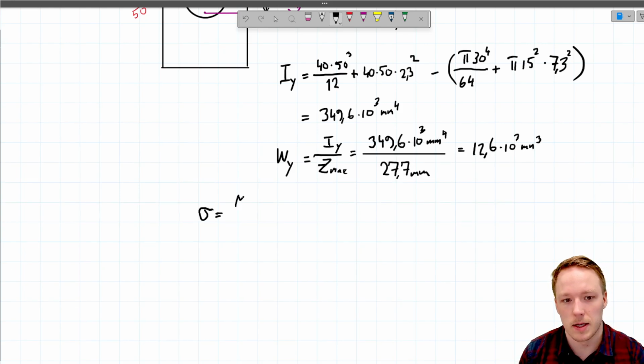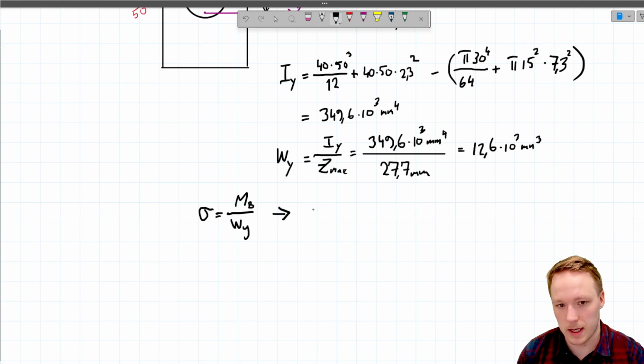Sigma is the internal bending moment divided by the section modulus, and from this one we can get the maximum stress.